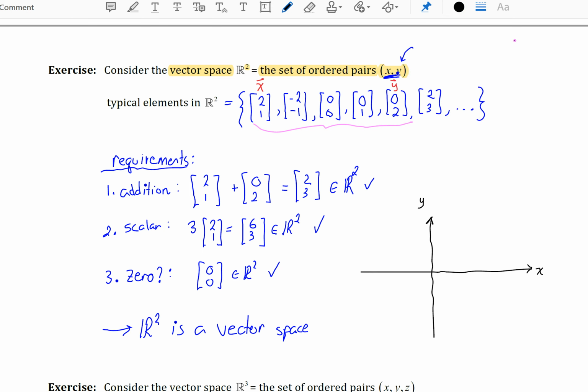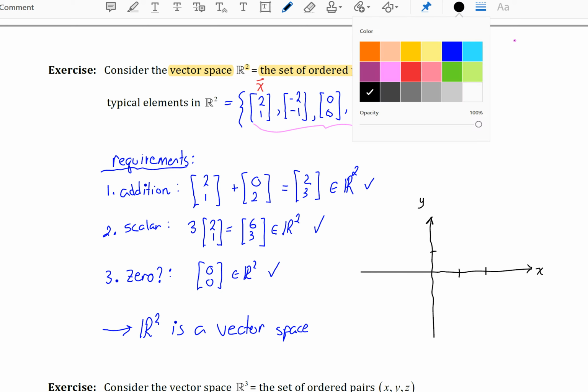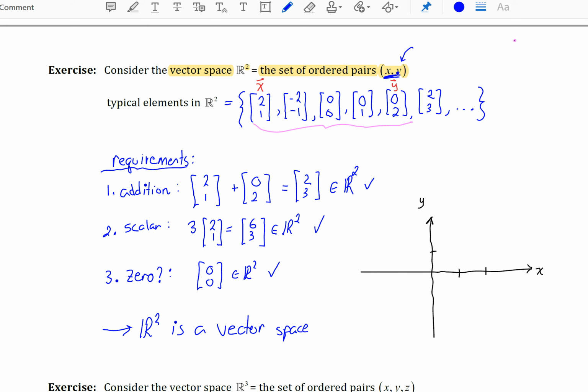The vector 2, 1 would point 2 in the x direction, 1 in the y direction, and it would maybe be a 2-dimensional arrow pointing to the ordered pair 2, 1.